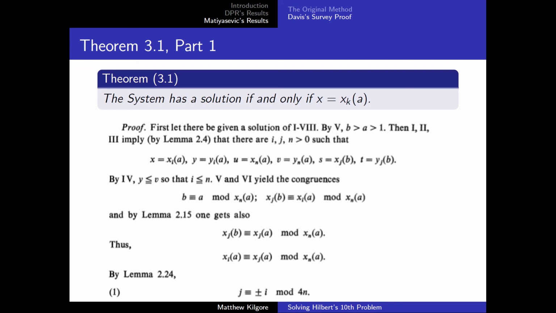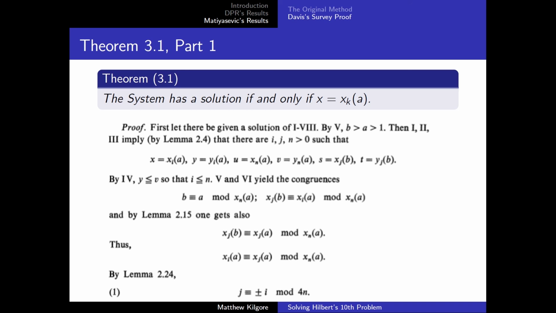Let's first assume there is a solution. Then, by 5, we have b greater than a greater than 1. 1, 2, and 3 imply by lemma 2.4 that i, j, and n are greater than 0, such that x equals x_i of a, y equals y_i of a, u equals x_n of a, v equals y_n of a, s equals x_j of b, and t equals y_j of b.